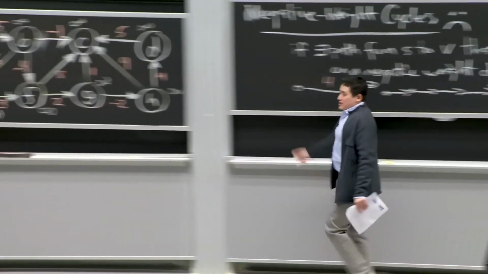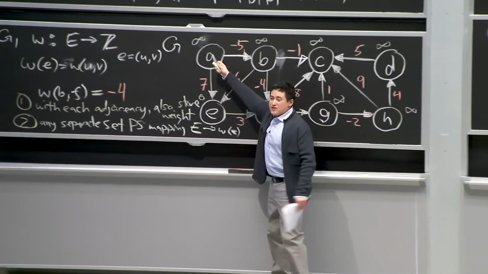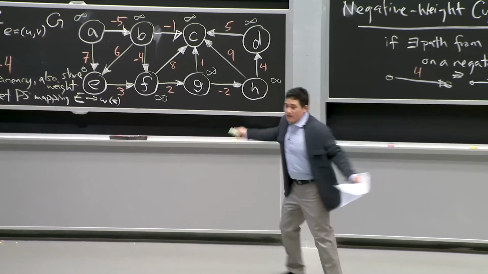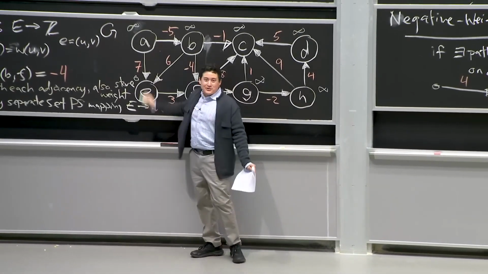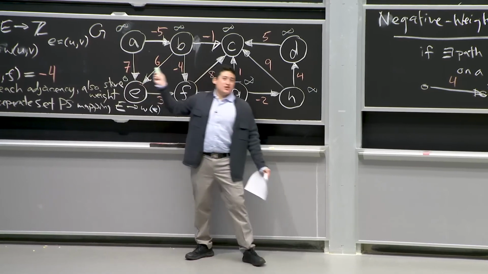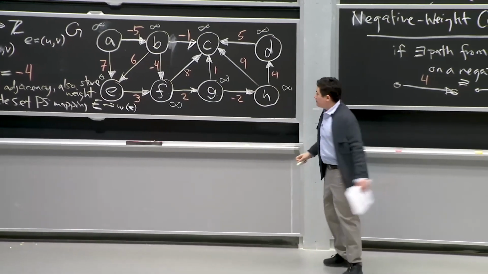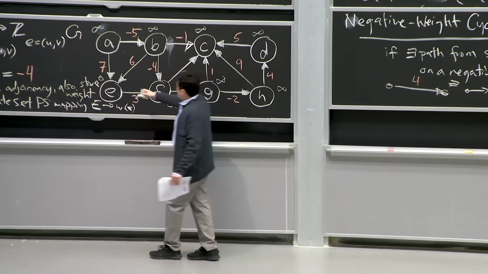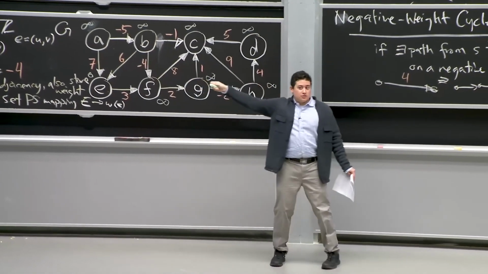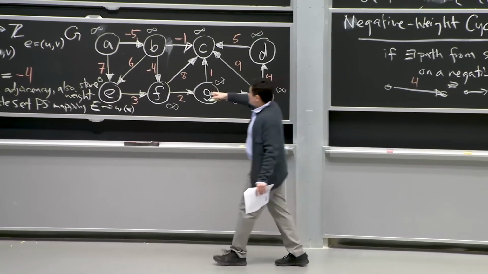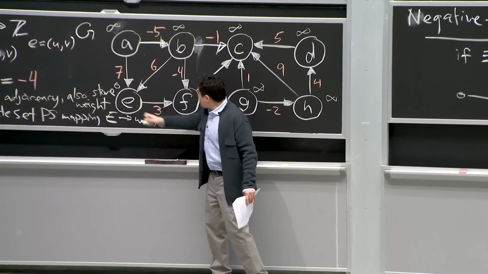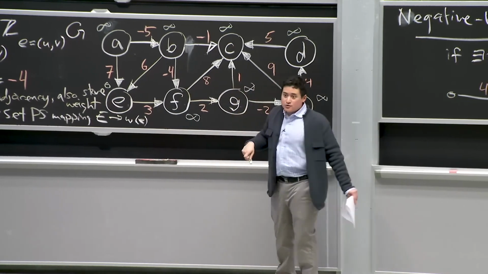So I don't do anything to A. Anything before my source vertex in the topological order can't be visited, because there's no path from my source vertex to anything before it in the topological order. Same with B. B is before it in the topological order.